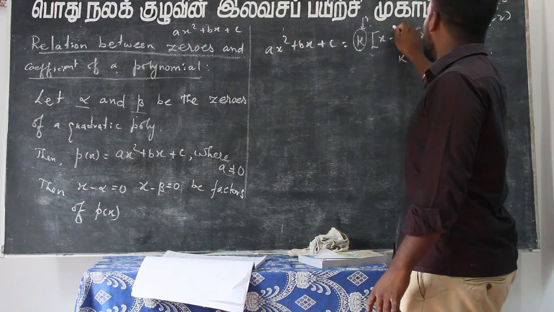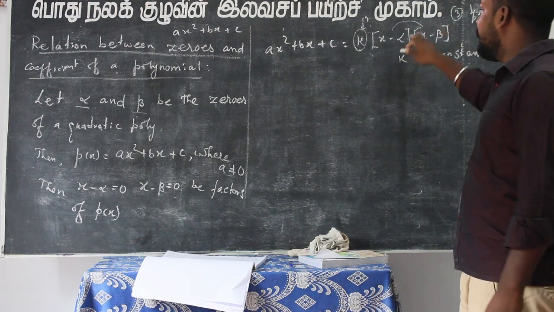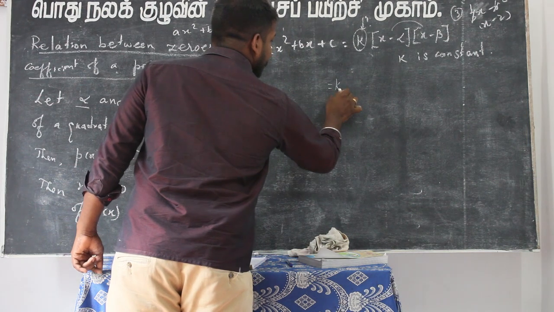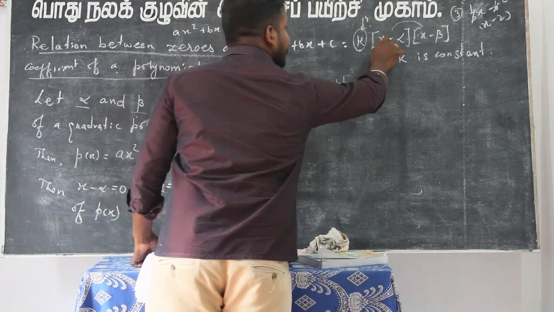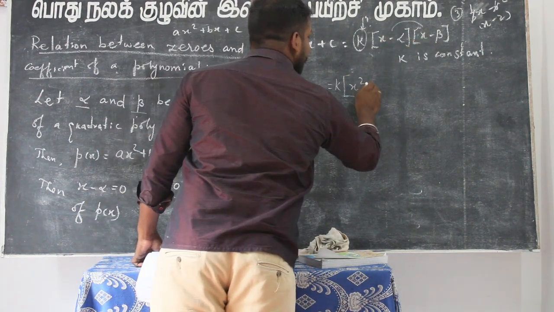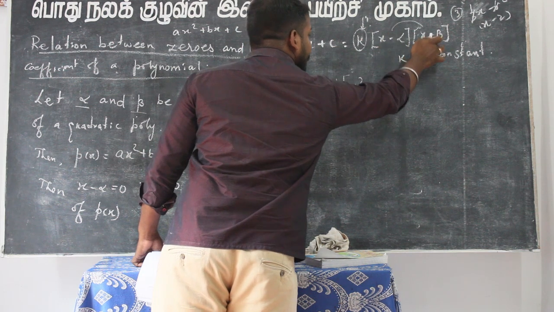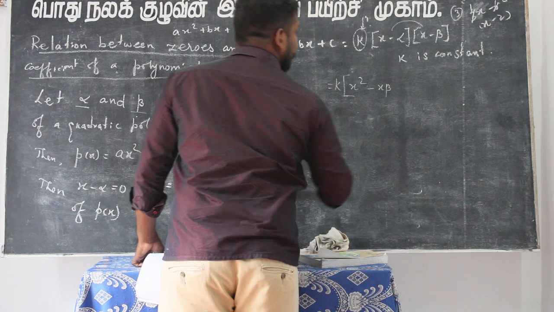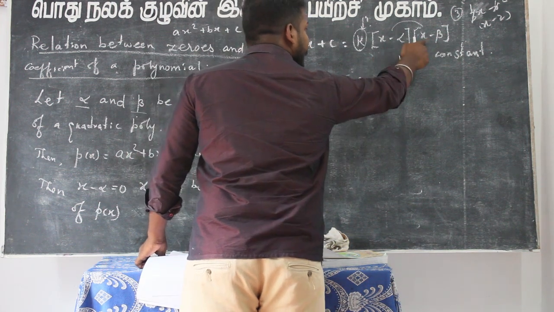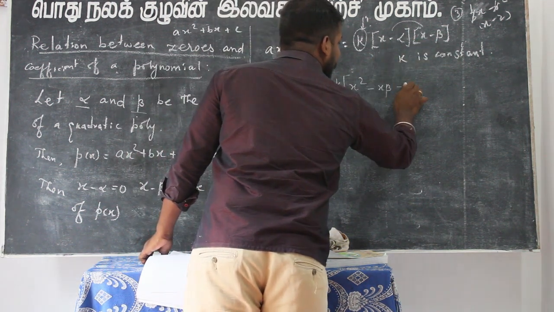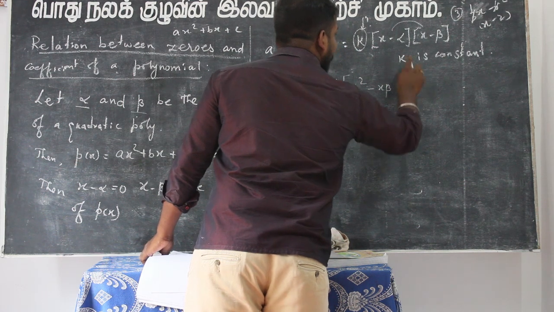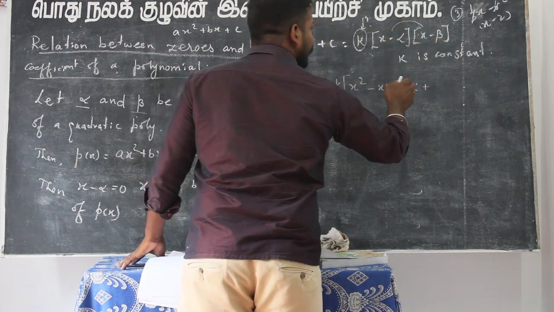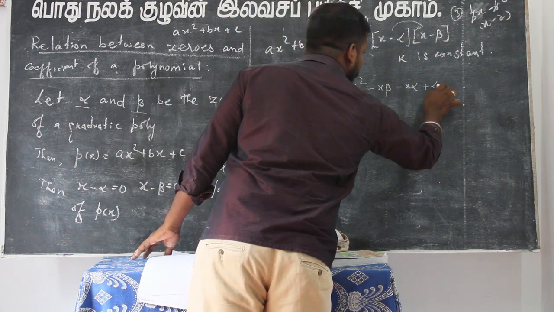So now you are multiplying x minus alpha into x minus beta. So what will we get here? K into, x into x is x square, x into minus beta is minus x beta, minus alpha into x gives minus x alpha, and minus alpha into minus beta gives plus alpha beta.